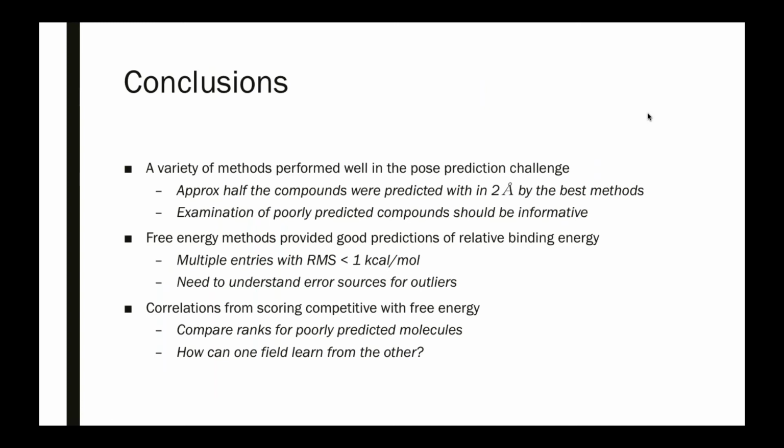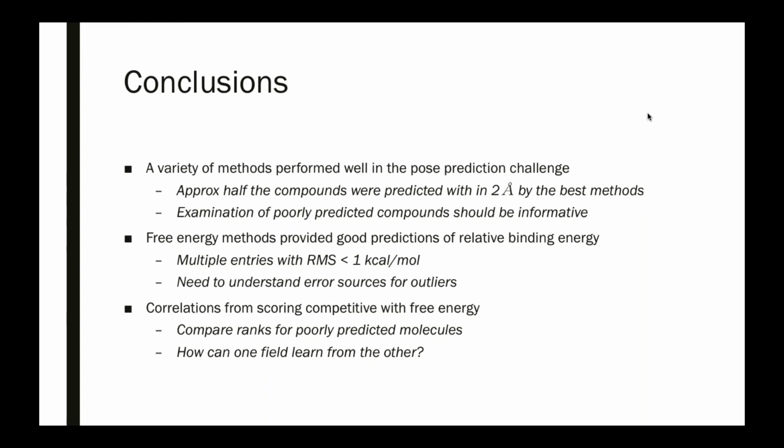So, in conclusion, just as a quick wrap up, and I'm sure, as we write this up, we'll get into a lot more detail. If we look at pose prediction, we had a variety of methods that performed equally well, and it seemed very consistent in the molecules that were predicted well versus the ones that weren't.